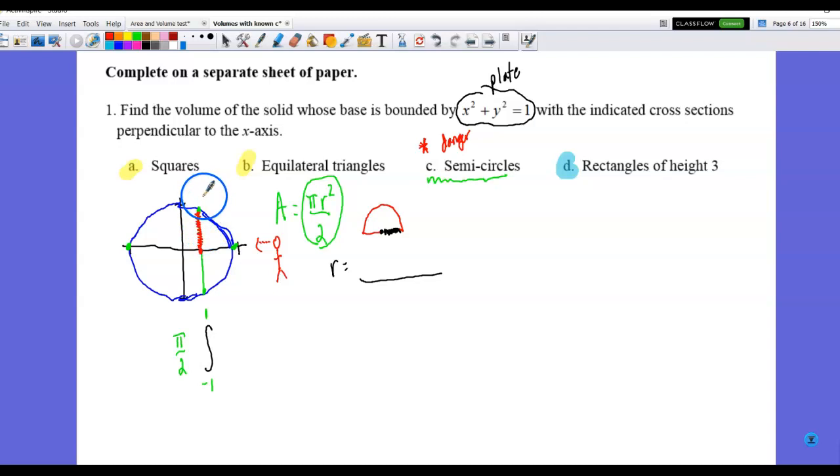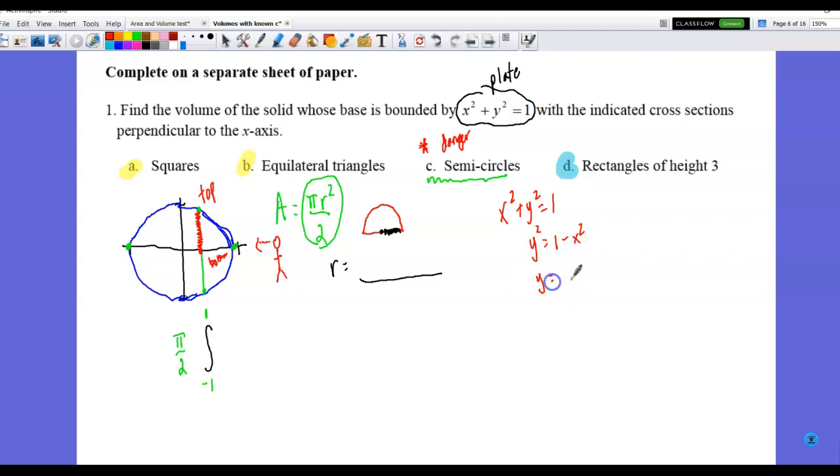So once you identify that as the radius, it's like we did before when we were doing circles. We have the top of the segment minus the bottom of the segment. The good news is the bottom of our segment is 0. We need this in terms of x, so we're going to take our circle equation, x squared plus y squared equals 1, and get y by itself. So y squared is equal to 1 minus x squared.